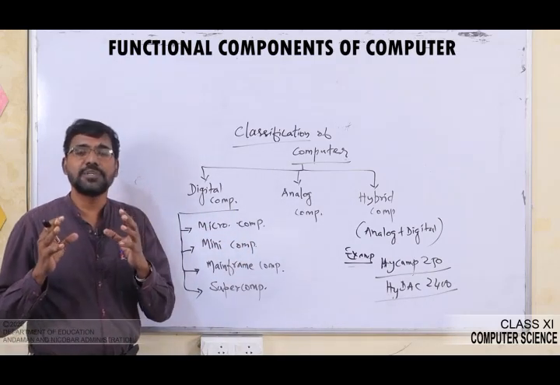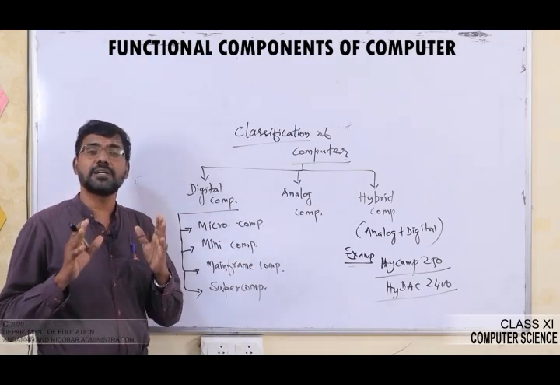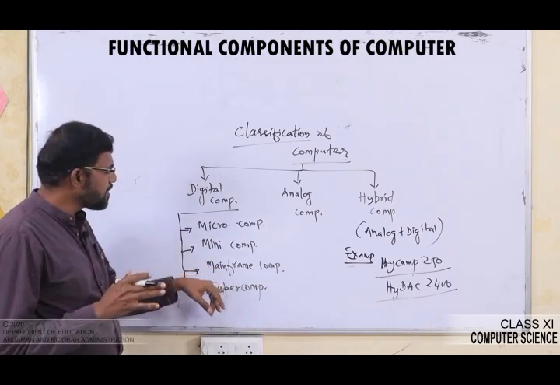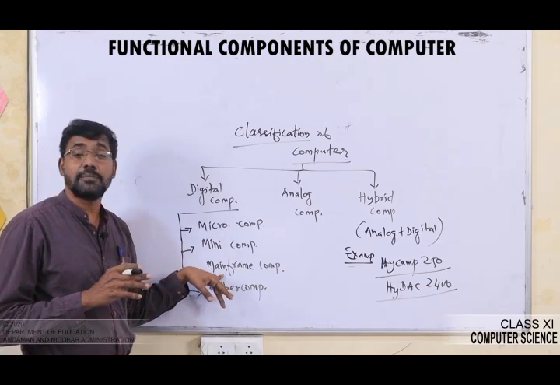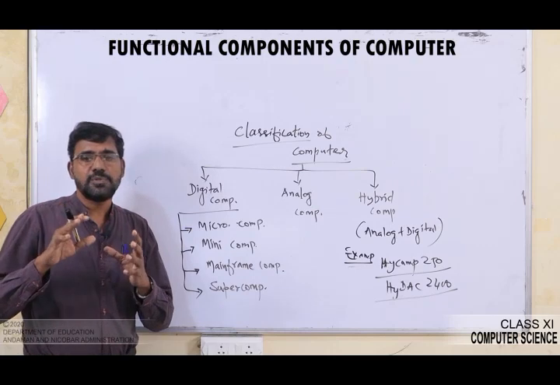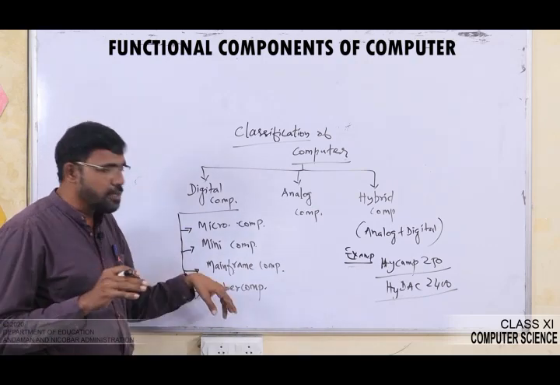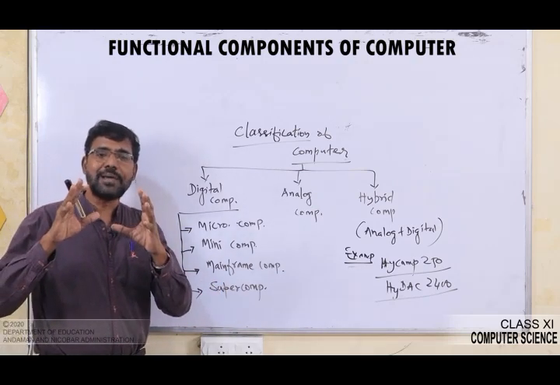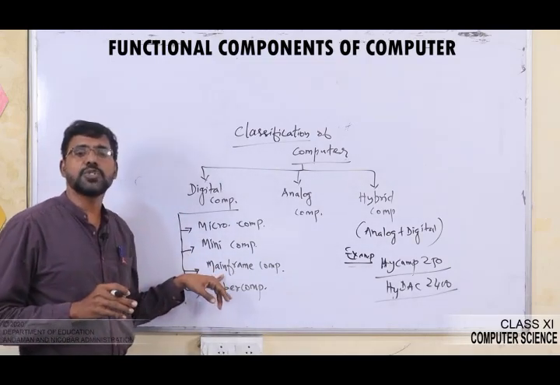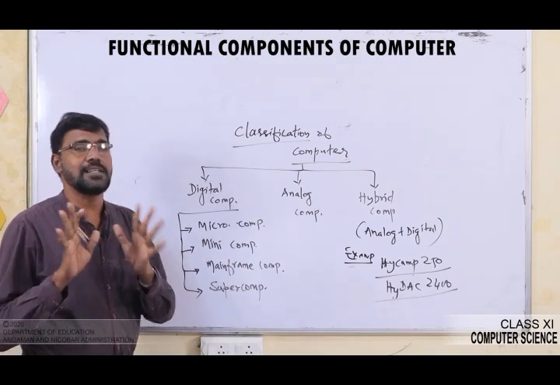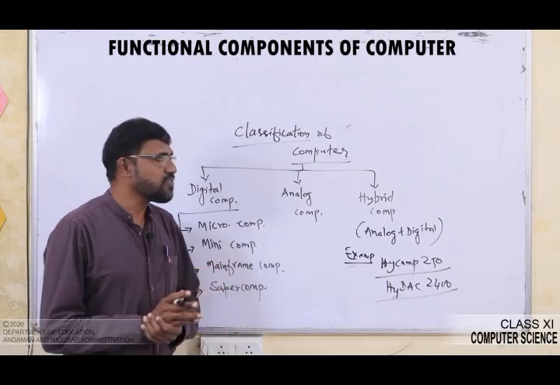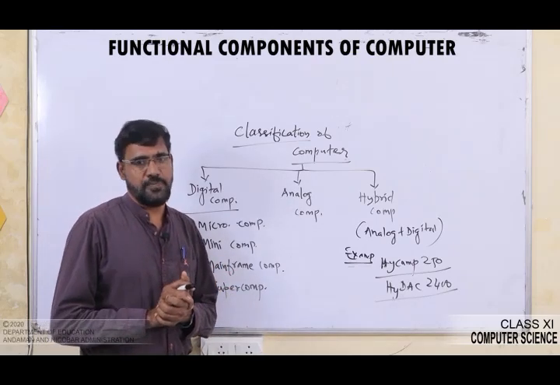The supercomputer can do these; other computers cannot easily. What is the main difference between a supercomputer and a mainframe computer? The supercomputer runs fewer programs as fast as possible, whereas the mainframe computer executes many programs concurrently. So, this is the classification of computers.